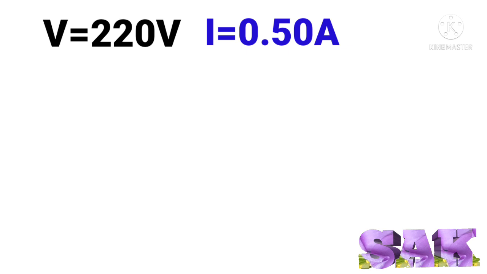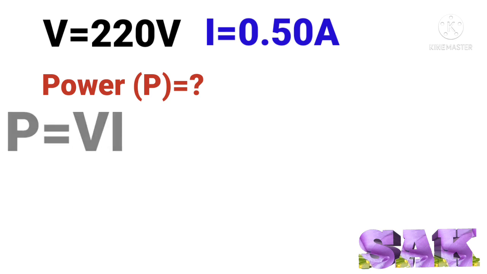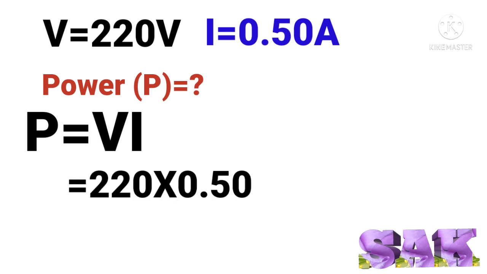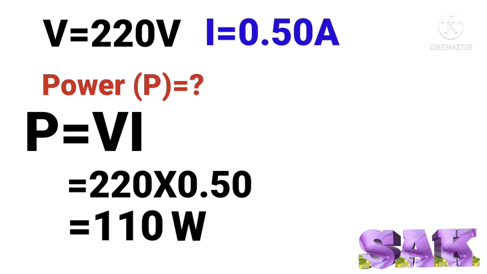Here we have to calculate power. According to the data given here, we have to use the formula P is equal to V into I. Substitute the values of V and I and multiply. We get the answer 110. As SI unit of power is watt, so we have to put W. Now the answer is 110 watts.